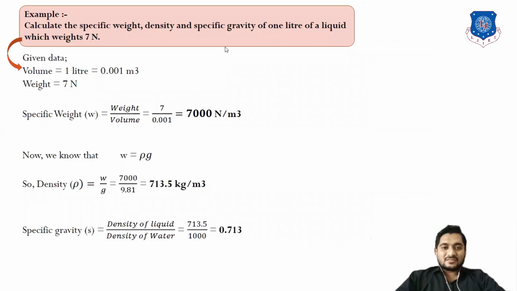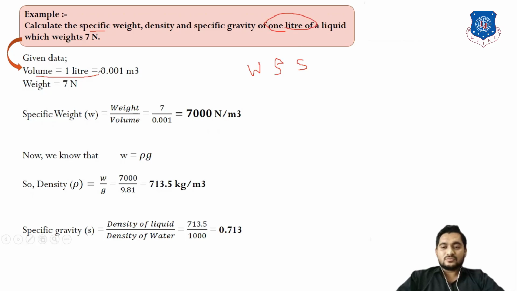So let us consider one example based on this method. It is a very simple example. Calculate the specific weight, density, and specific gravity. Specific weight, that means small w, density, that means rho, and specific gravity, that means relative density S. Here the given data is 1 liter of liquid.